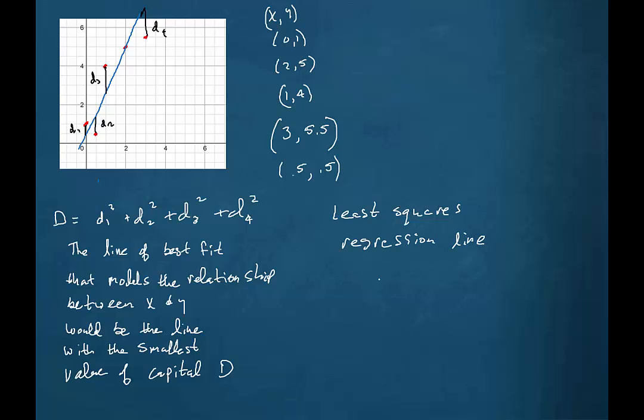And that equation that we would come up with when we find that least squares regression line, and there is only one, would be the equation that we would use to predict values of one of the variables given a value of the other variable.